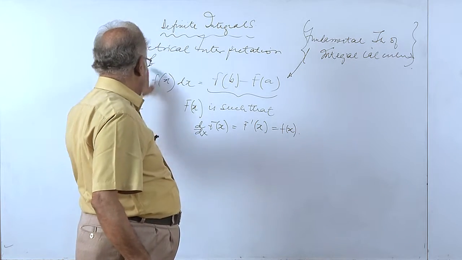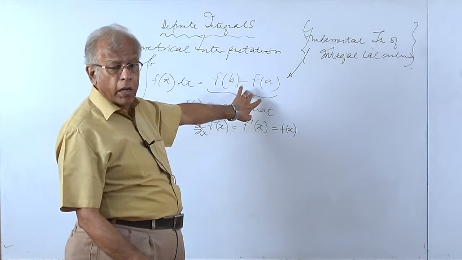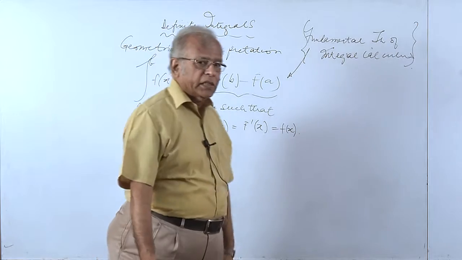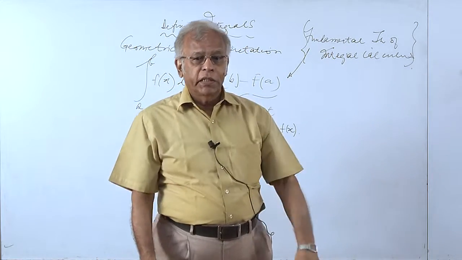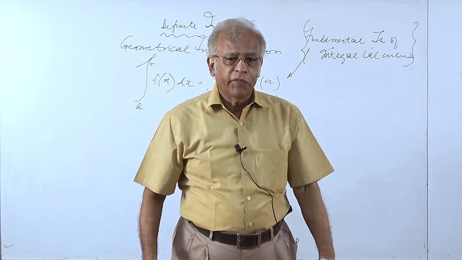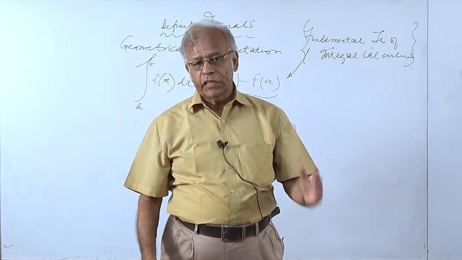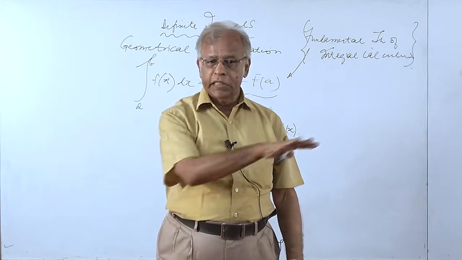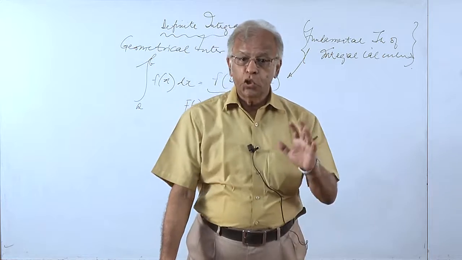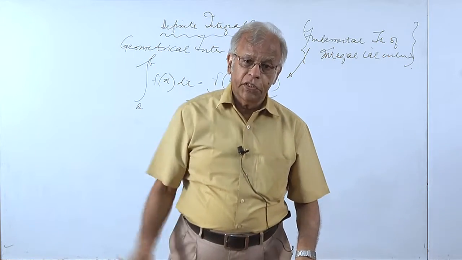One is that the integral is something like this, sir. And the other is that it represents the area under a curve y equals f(x) between the ordinates x equals a, x equals b and the x-axis. That is the geometrical interpretation of this definite integral.